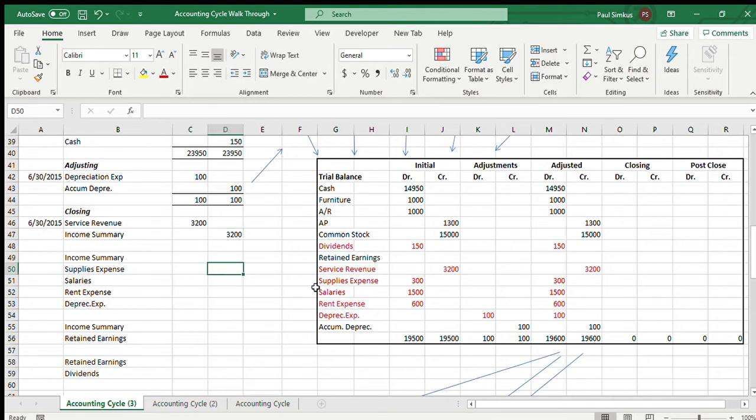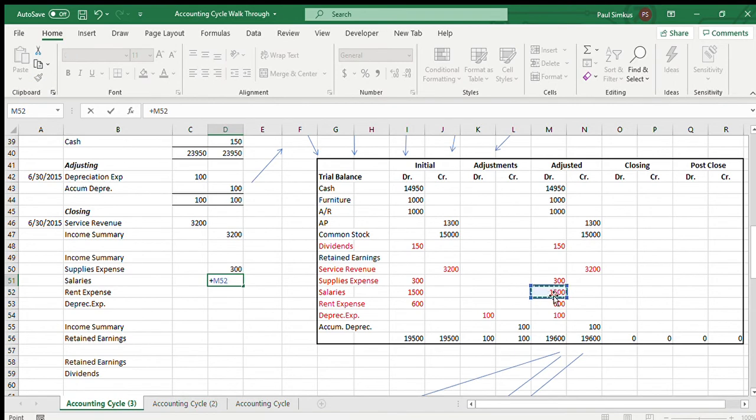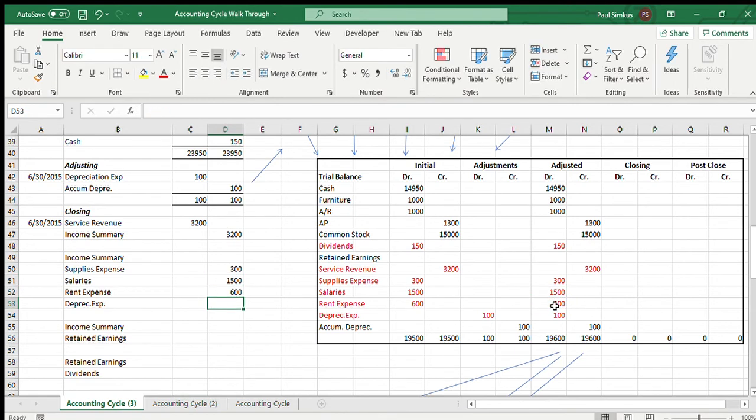On the expense side, to zero out the expenses, I need to credit them. So I need to credit supplies, I need to credit salaries, I need to credit rent, I need to credit depreciation expense. If I add those up, that's $2,500.